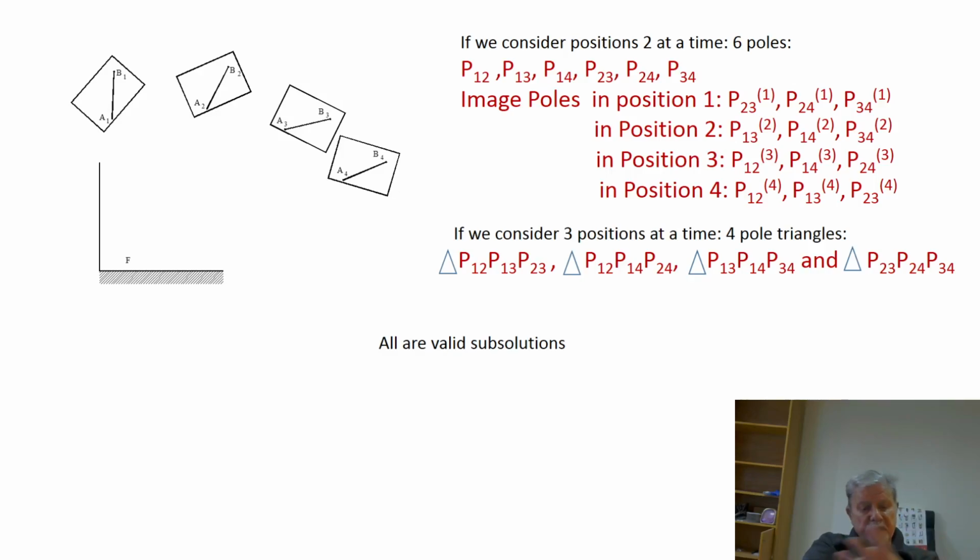If you take 3 at a time, for example, positions 1, 2, 3, 1, 2, 4, 1, 3, 4, and 2, 3, 4. You will end up with 4 pole triangles.